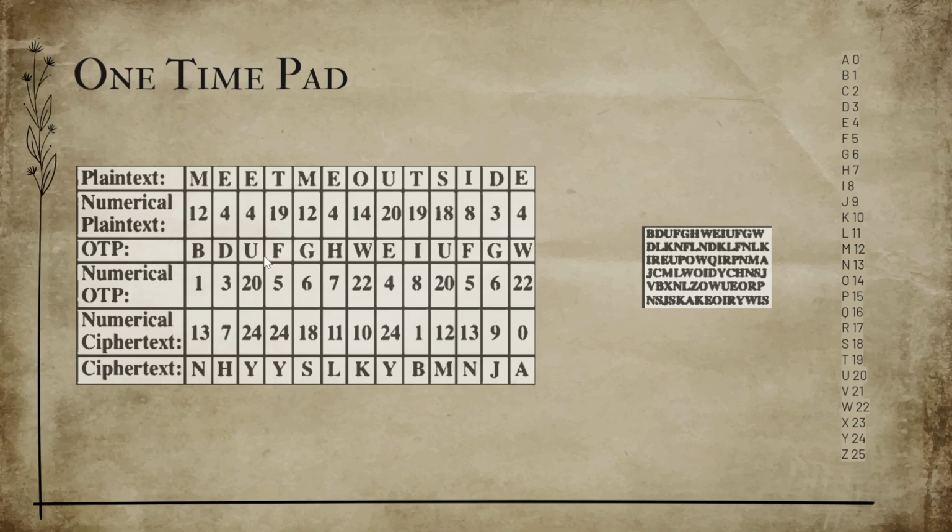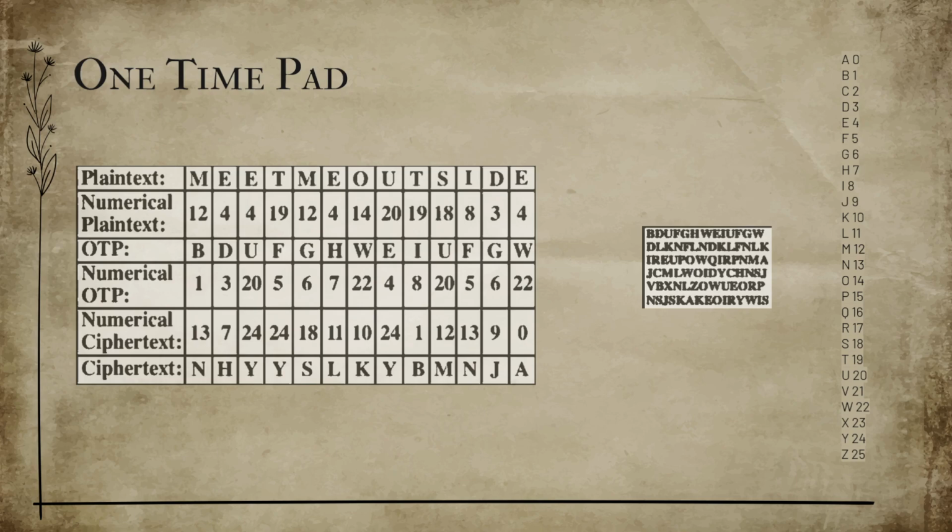Here you can see that M is 12, and its counterpart on the key is B, that is 1. So 12 plus 1 is 13, and the 13th letter in this chart is N. In the same way, E is 4, and the counterpart on the key is D, that is 3.